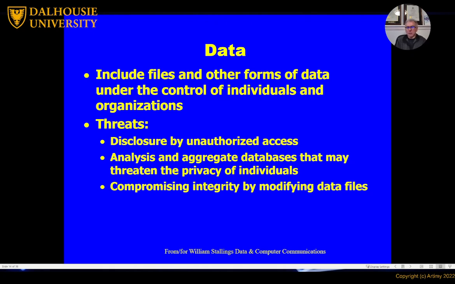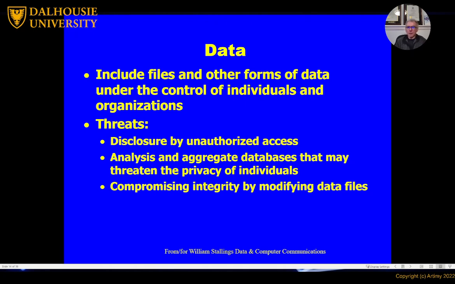Sometimes instead of direct disclosure, I can analyze the data. I can analyze the information. For example, I could see that a lot of patients in a hospital came from a specific region, right? Or they have a specific occupation, or a specific wealth, right?